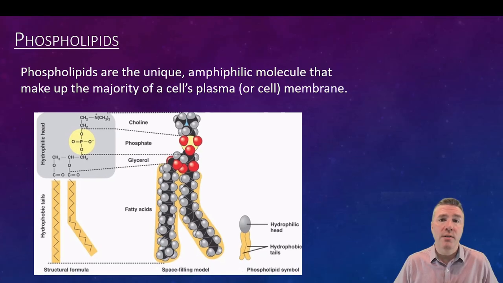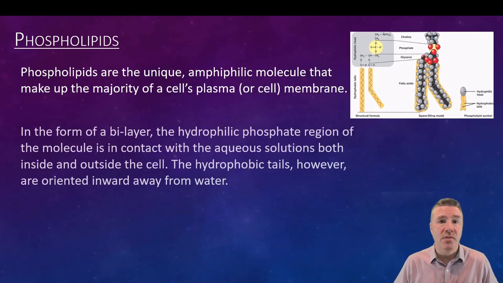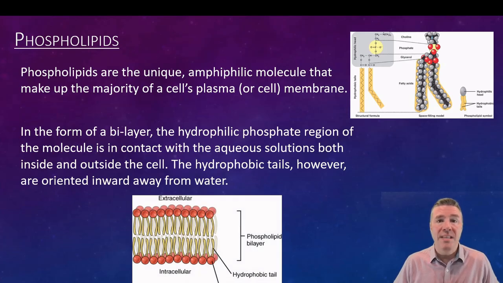When 2 layers of phospholipids are used to construct a cell's membrane, the hydrophilic head is in contact with the aqueous internal environment of the cell, as well as the aqueous external environment. The central region of the membrane, where the tails are found, are oriented away from water, establishing a hydrophobic core of the membrane that is largely water-free.